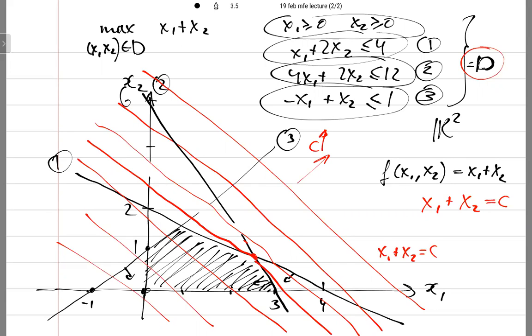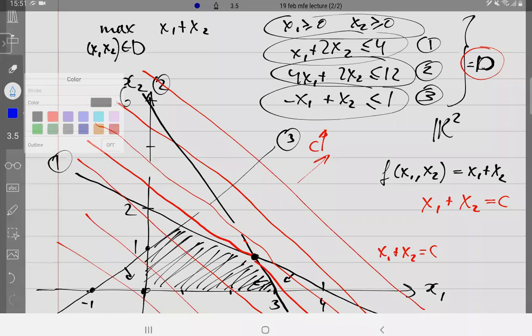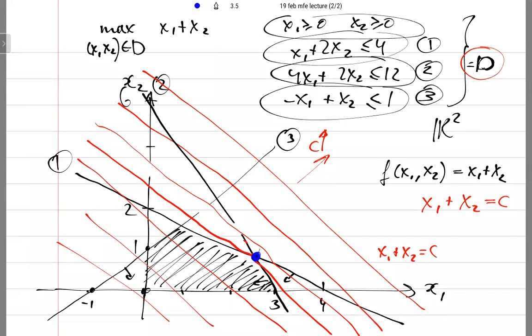And what is the obvious solution in my case? What is the best point, the biggest value of c in the black region D? The intersection of the level curve and the region. Yeah, exactly. When you have a simple two variables problem, it's just easy.